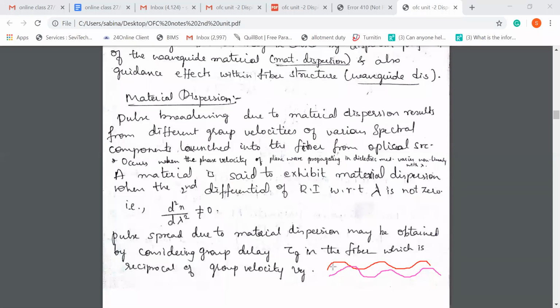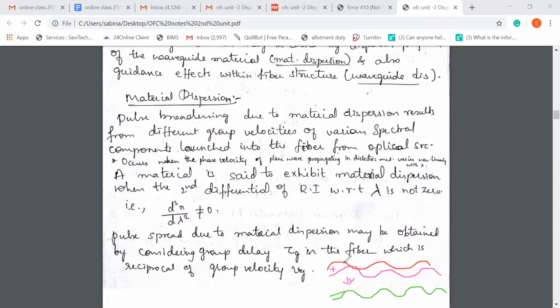If I add this plus this, I'll get some resultant waveform, suppose like this. Please understand the meaning of this, because every time they will ask what the group velocity and the phase velocity are.